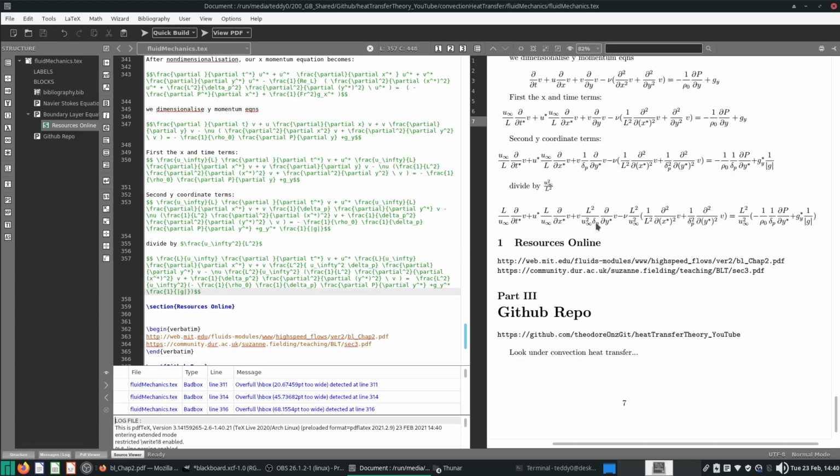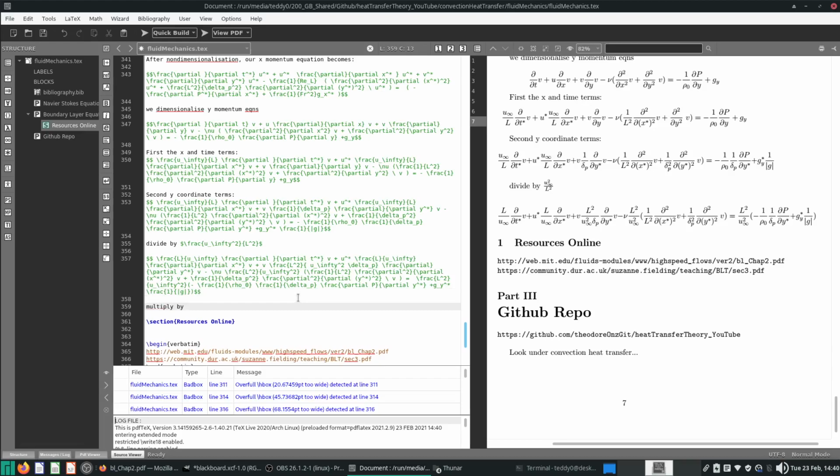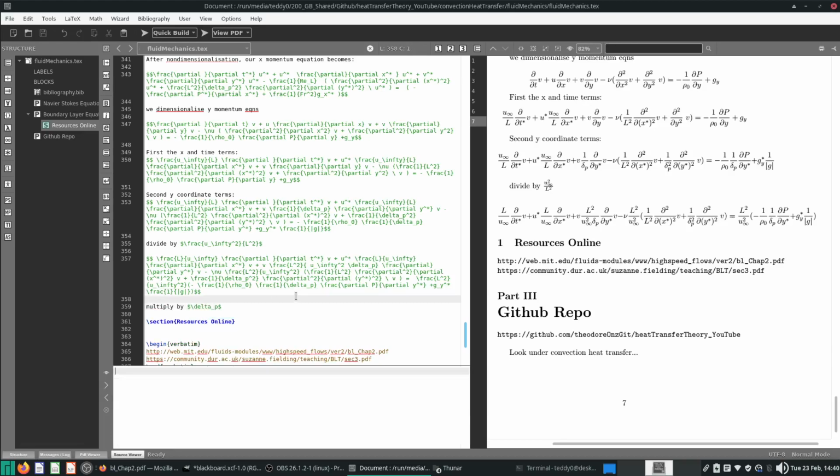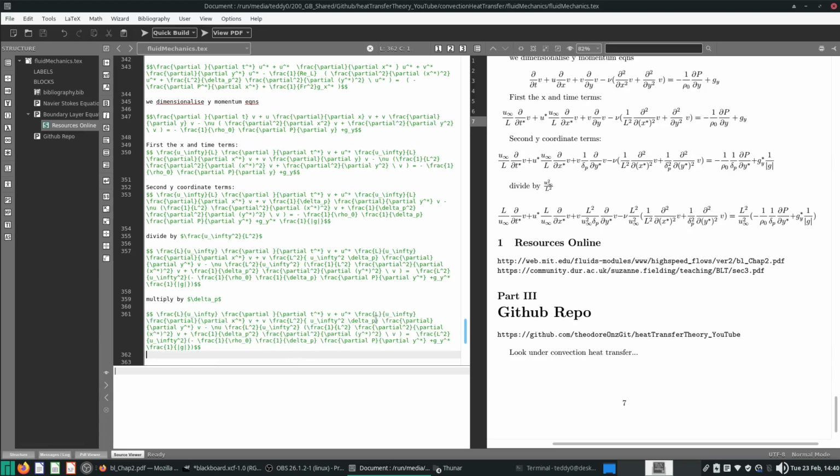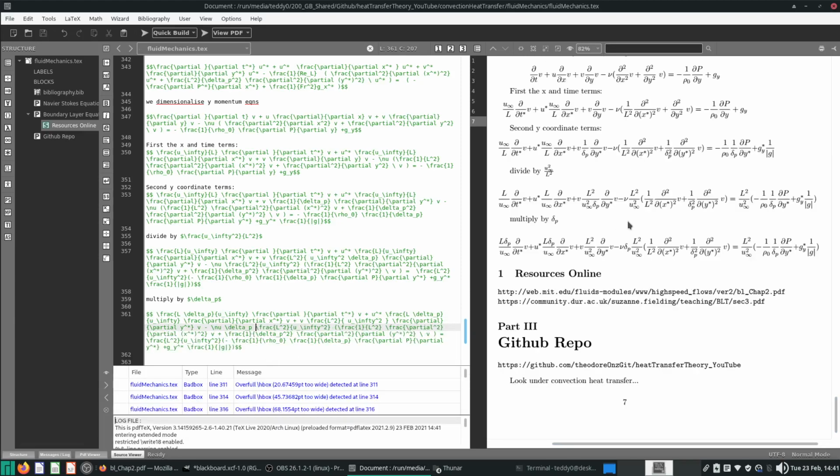What next? You kind of want to get rid of this delta p. So let's multiply by delta p. I'm just doing this to make the equation look nicer, and after that the terms will be a little bit easier to cancel. So delta p in the first term, then delta p in the second term, and then delta p in this term here.